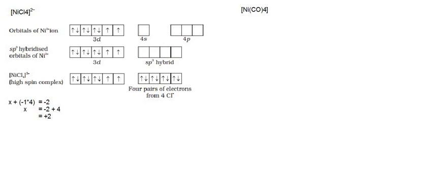Now in the case of square planar complexes, the hybridization involves dsp2. The example is [Ni(CN)4]2-.